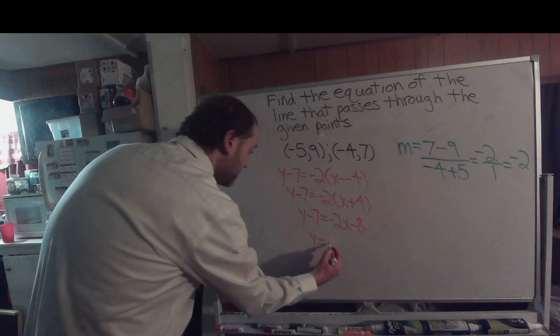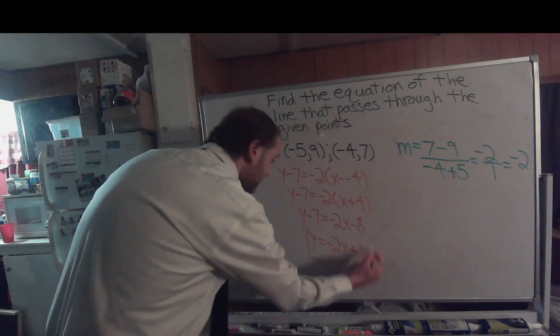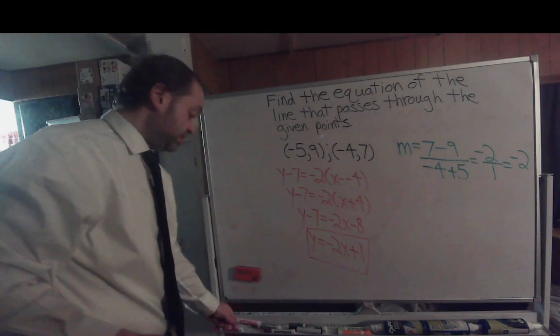So y would equal negative 2x plus 1. In the end, I get the equation of that line being y equals negative 2x plus 1.